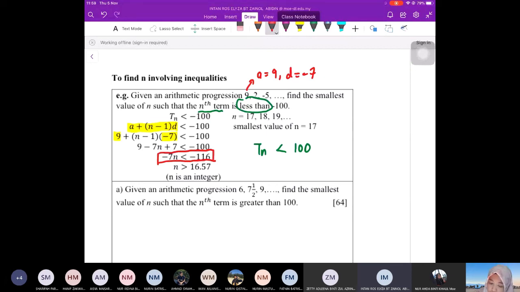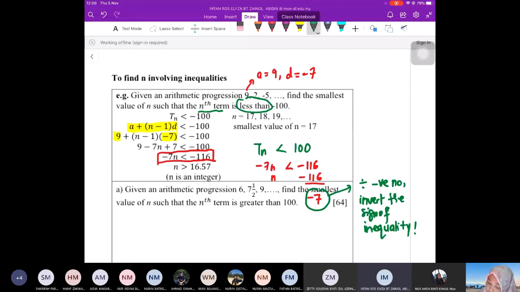Kalau you ada negative 7n less than negative 116, how to get n? You kena buat negative 116 divide dengan negative 7.